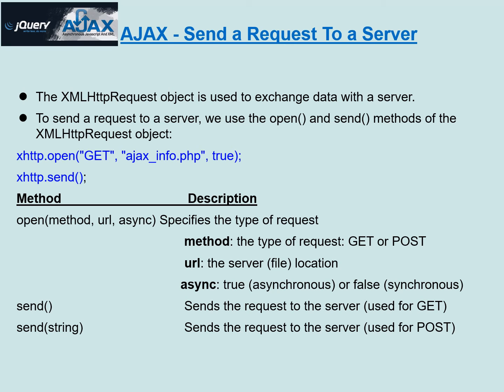So this open function xhttp.open is used for opening the connection from client to the server, and data transfer should be done in get method, and this is the corresponding information page or target page of the data transfer. And the third parameter is true. True indicates that it should perform asynchronous data transmission.